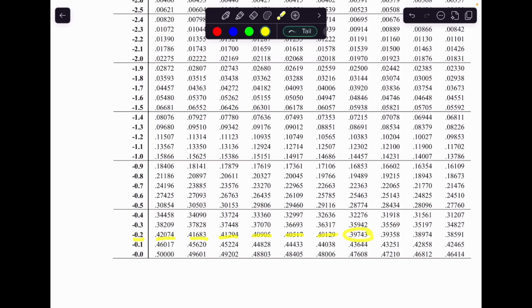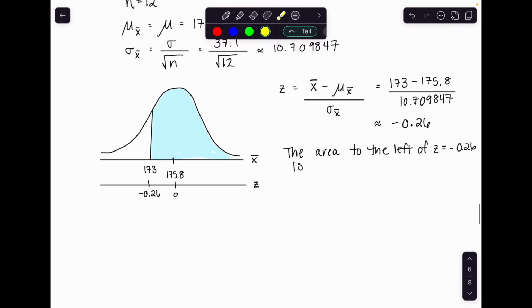So this is negative 0.26. So 0.3974. So our probability of the boat overloading is 1 minus that, because the 0.3974 is right here.